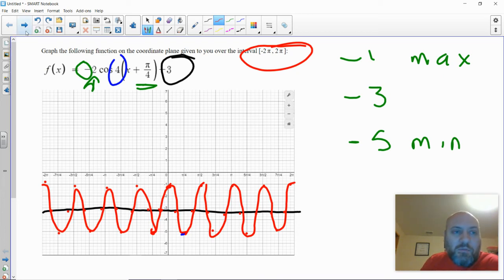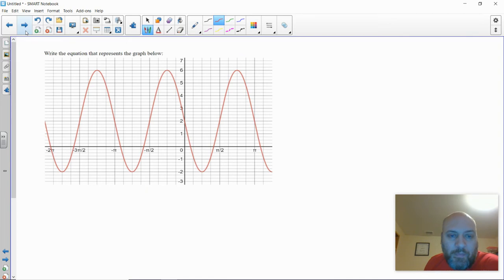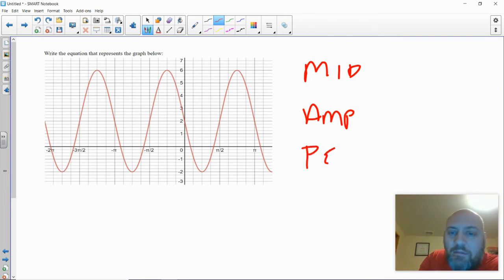Let's check out number 2. This time I'm given the graph and I have to write the equation. My key features that I need to figure out are my midline, my amplitude, my period, because that'll help find my frequency, and then whether it's been reflected or not.